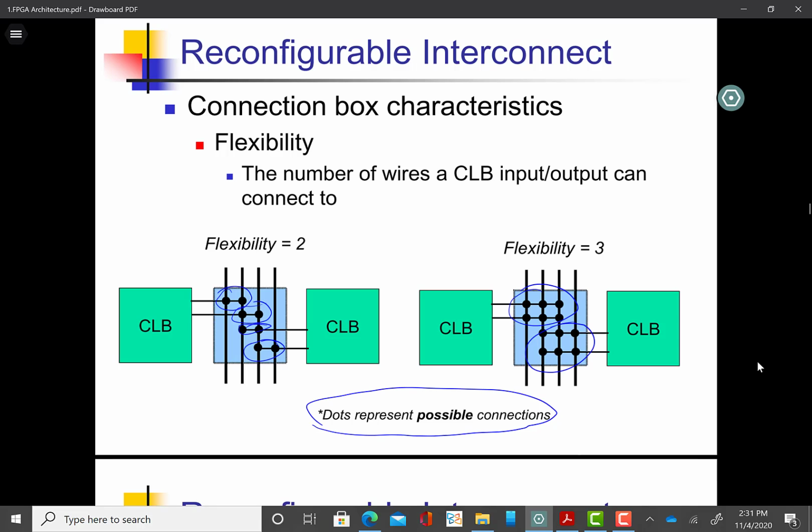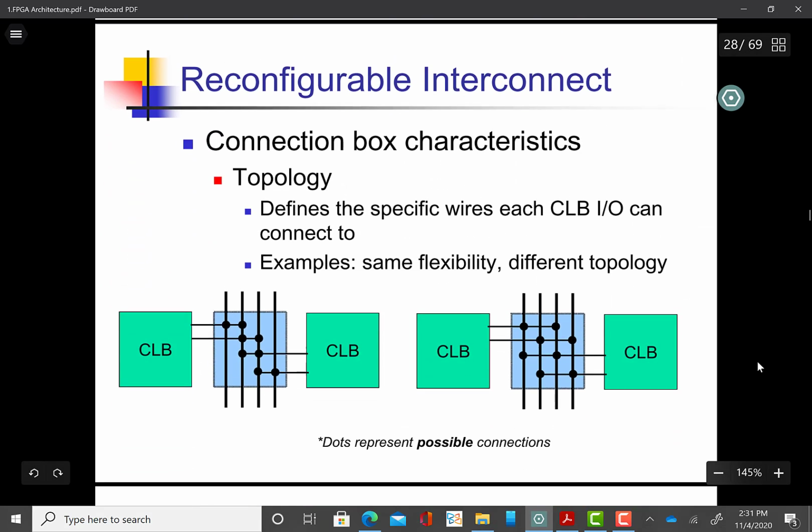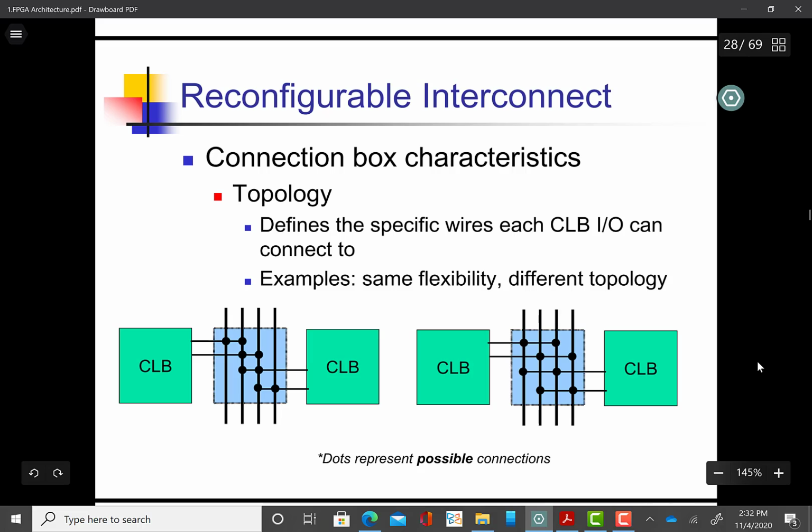These dots are for example your pass transistors from the VLSI course, or they can be other, normal transistors. So if you apply a 0 to them, it may be closed. If you apply a 1 to them, it may be open, depending on which kind of PMOS or NMOS you are using.